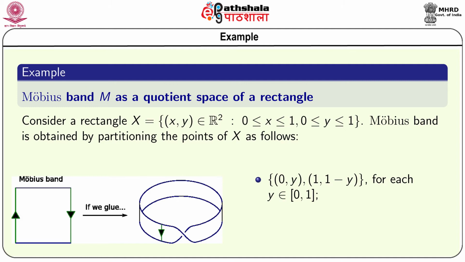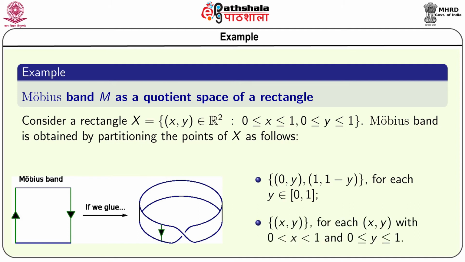So, taking a rectangle and identifying two opposite edges of the rectangle, we are obtaining the Mobius band, but while identification we are giving a twist to the rectangle.